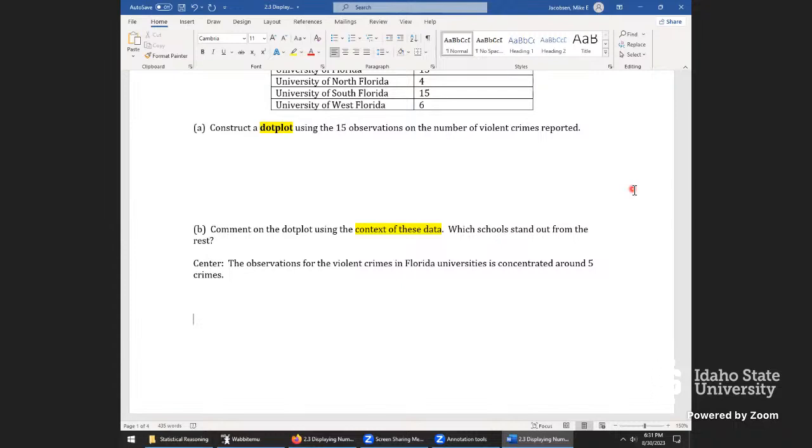I haven't quantified that at all. It's all just visual for the moment. If that looks far away to you, then call it an outlier and then mention it. But later on in chapter 3, we'll have a rule for this, the 1.5 IQR rule of thumb. It's just a rule of thumb, but at least it gives us some measure of when we think things are far or when we think they're close. So let's mention that right away, the outlier.